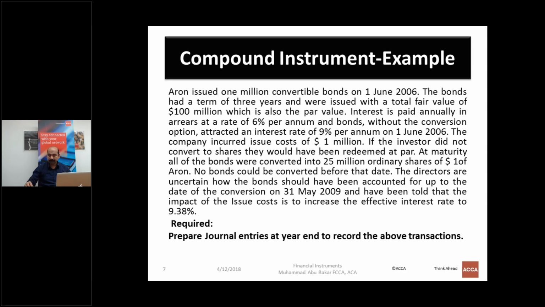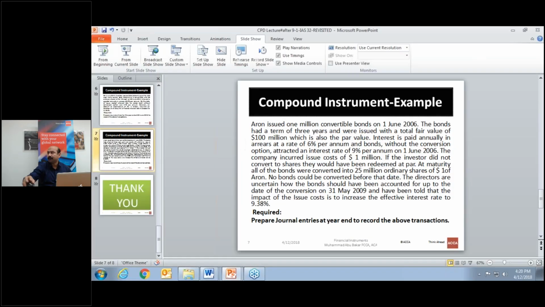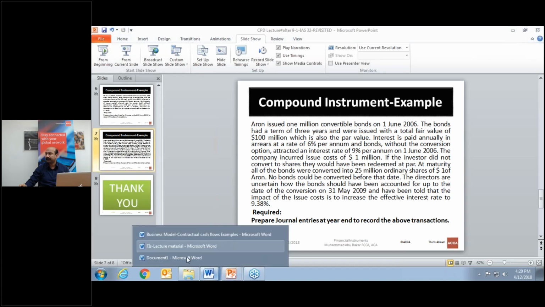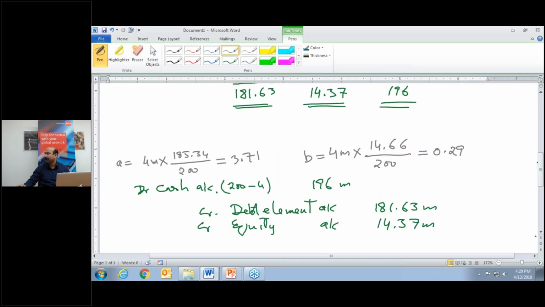Okay, so first of all, step number 1. These handouts are in front of you. We can use this document.